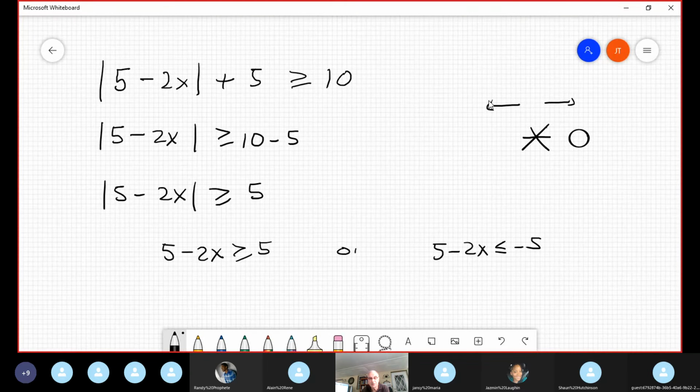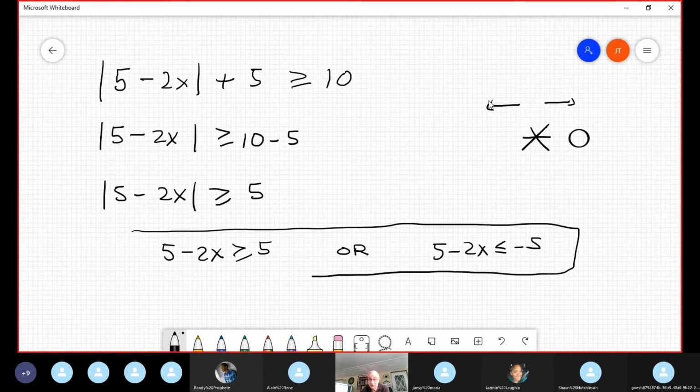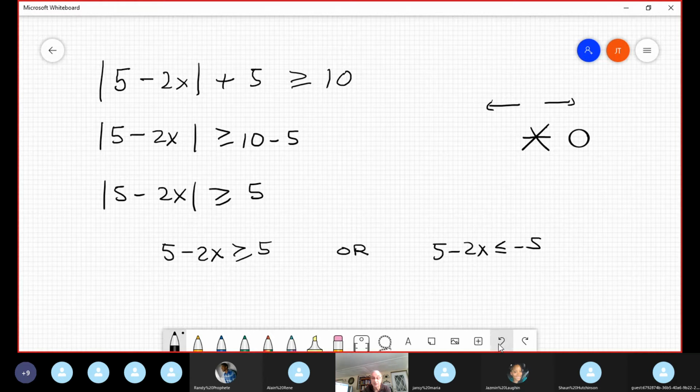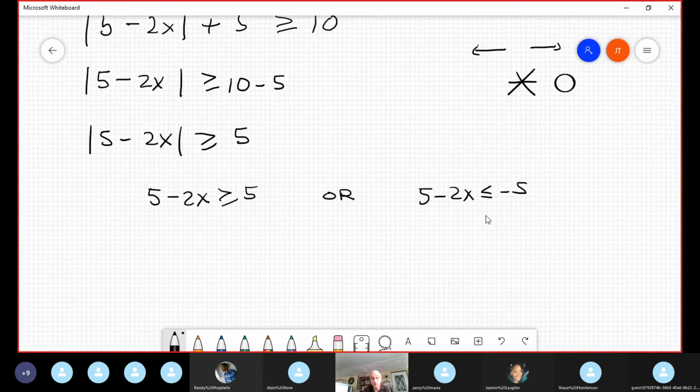And you connect these two inequalities by OR, because actually this is one mathematical object, not 2 separate inequalities. We need to solve this compound inequality. It's equivalent to the original.